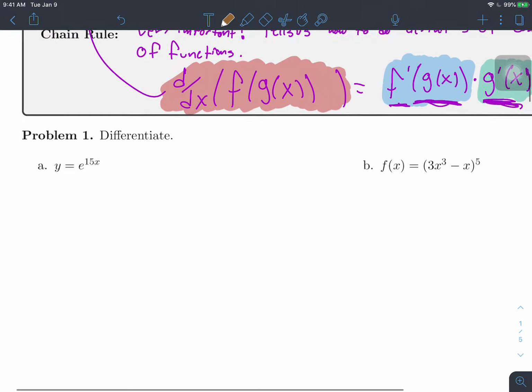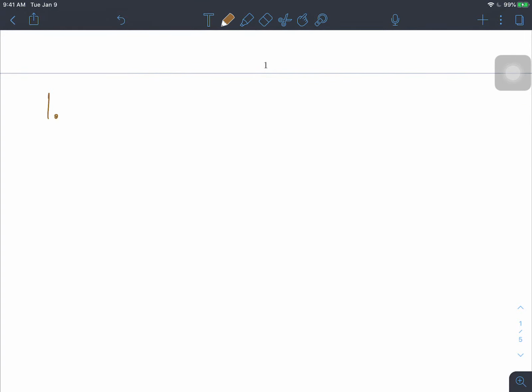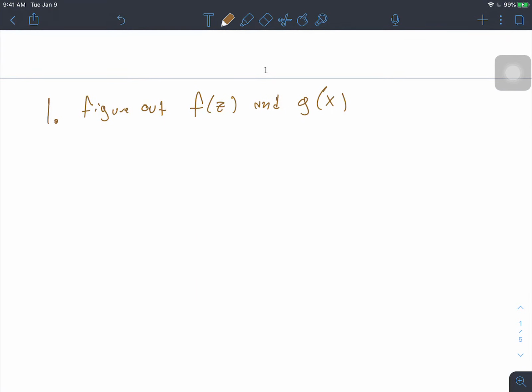So the first thing that I want to do anytime I start a chain rule problem, in fact, let me write this down, the steps to the chain rule problem. The first step is to figure out f of z and g of x, or t, or whatever. I wrote it with x up there, so I'll leave it like that. Figure out f of z and g of x, the outside and the inside function. That's number one. Step 2, compute f prime of z and g prime of x.